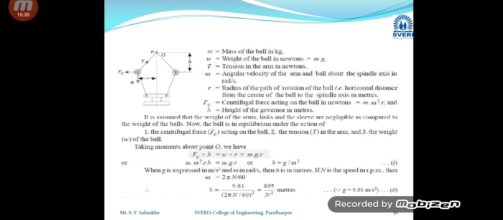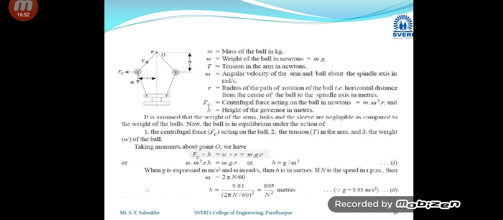When g is expressed in meter per second square, as I have already explained, units should be there for the given quantities. As we mention g in meter per second square, h should be in meter, m should be in kg, and w should be in Newton.